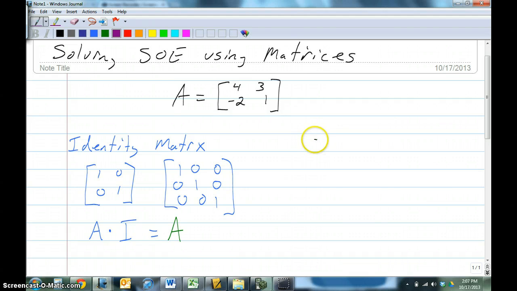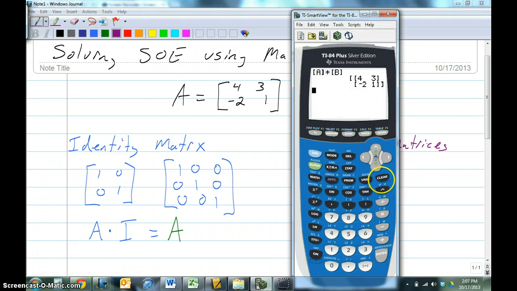Another thing we need to talk about are what's called inverse matrices. Now, the way we say the inverse matrix, if this is matrix A, the inverse of matrix A is A to the -1, with a little -1 up there. So there is a way to calculate this by hand, but let's just have our calculator do it for us. We still got our matrix A. So let's call up matrix A, but we want the inverse.